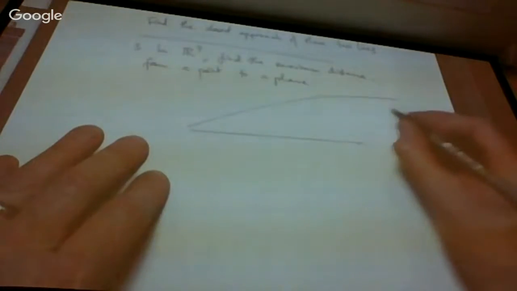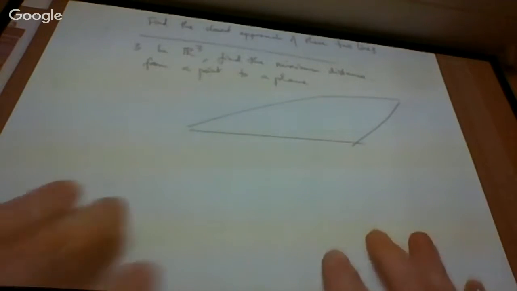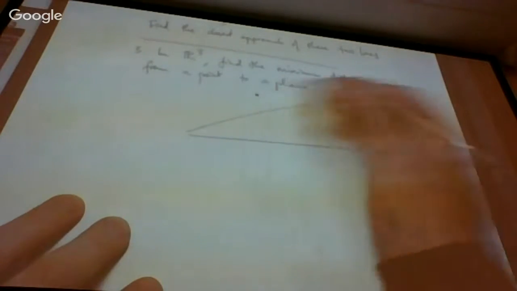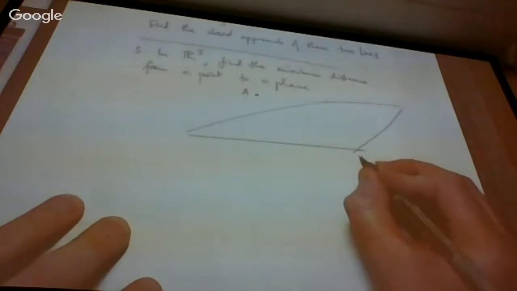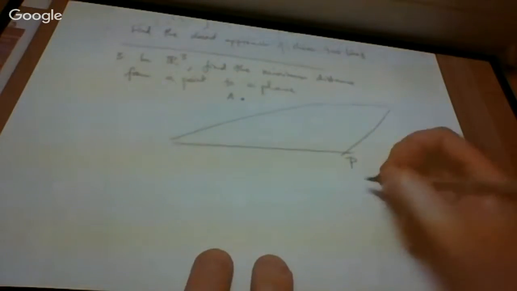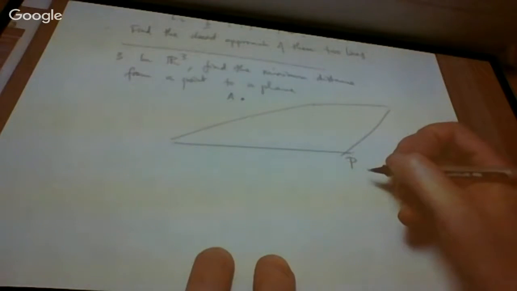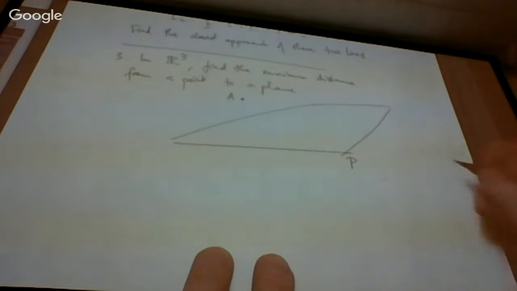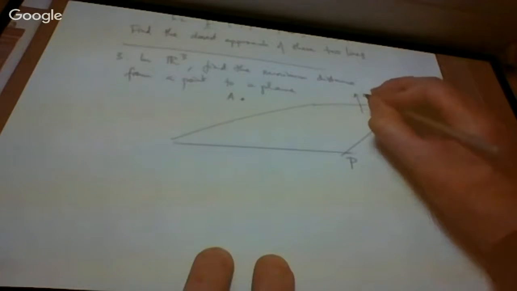So again, this kind of thing begins with a sketch. There's a plane in 3 dimensions, and we've got some point capital A. We've got a plane P. And one way we talked about planes was we said planes can be specified by giving a normal vector.